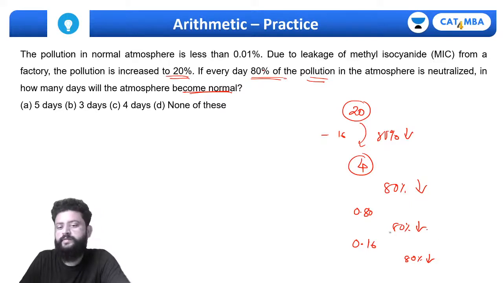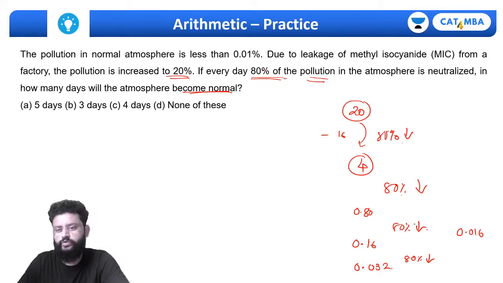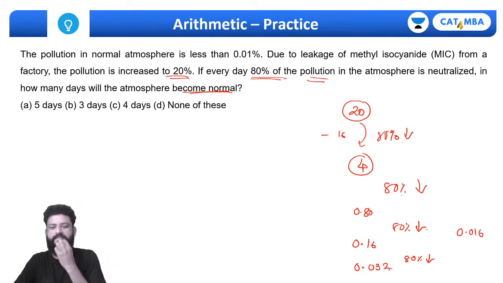That's really simple one. It will be 0.016, 10%, and 0.032. It's definitely 1, 2, 3, 4. After 4 decrease, it is coming to this.